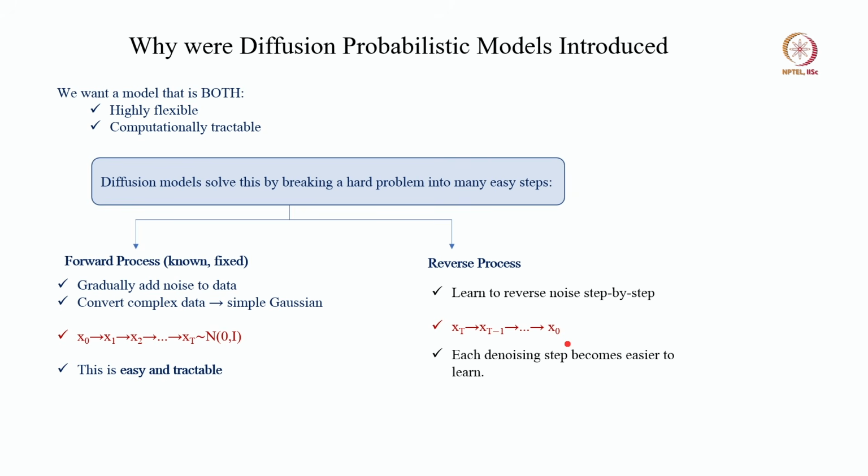And we have now broken it into various steps. The number of steps may vary largely, it can go from 100 steps to 200 steps depending on the complexity of your problem statement. And because you start from Gaussian and come towards the structured data, each denoising step becomes easier to learn.